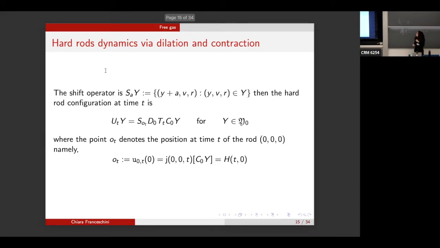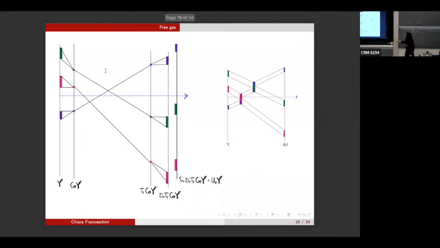And then, if you think about it, you have to shift the configuration, because every time a line crosses the horizontal axis, there is a shift you have to take into account, and you have to compensate for that with the shift operator. So you shift by an amount which is the position of an initial rod, which starts at the origin with 0 length, 0 velocity.